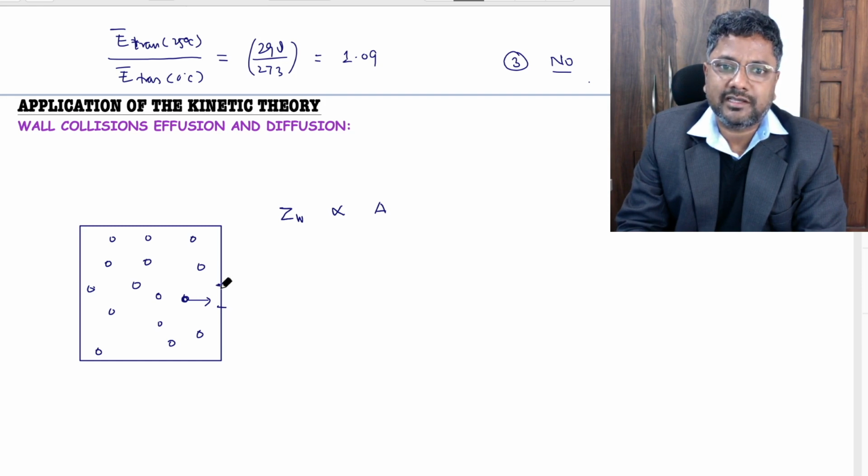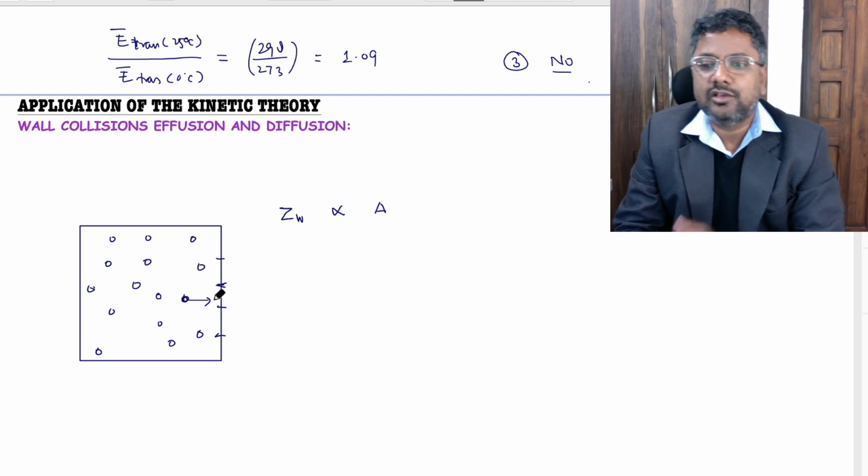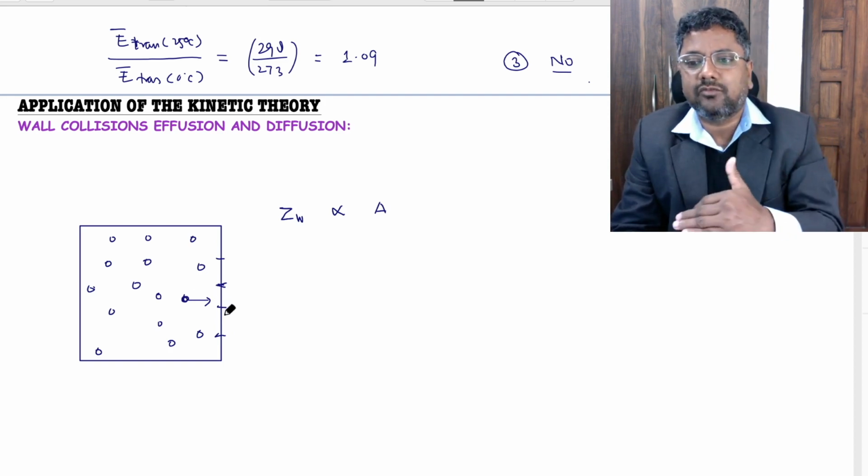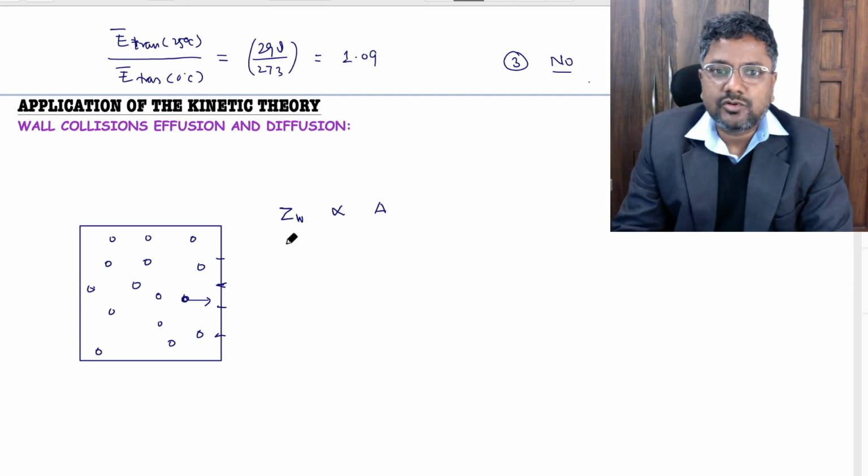If we double the area, obviously the number of molecules colliding with the wall also doubles. So the wall collision of gas molecules is directly proportional to the area specified.